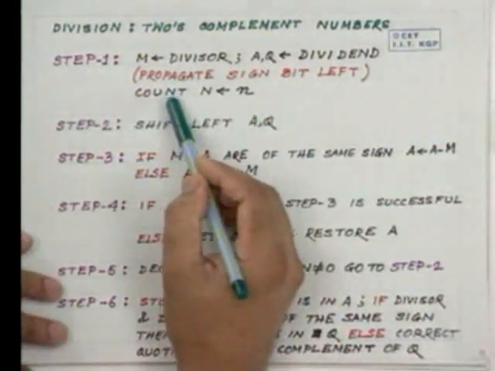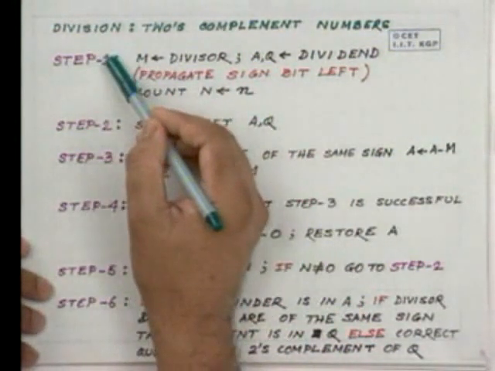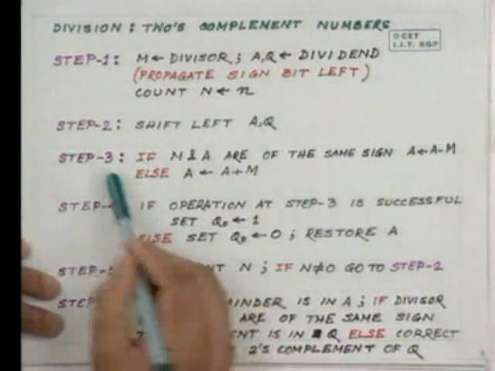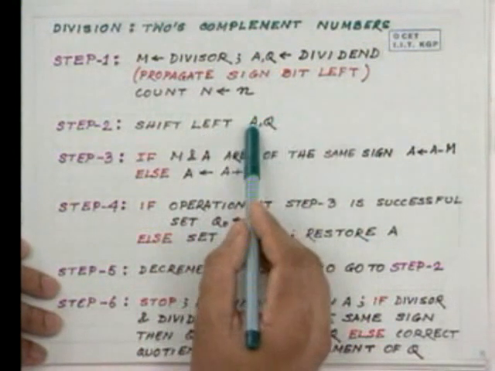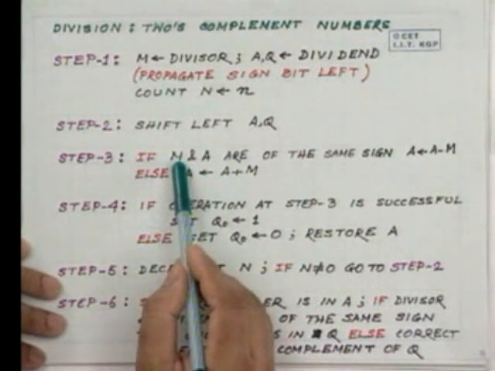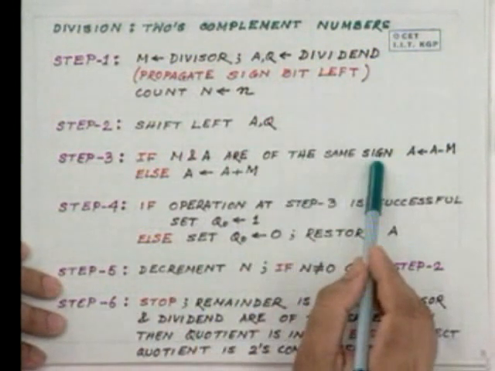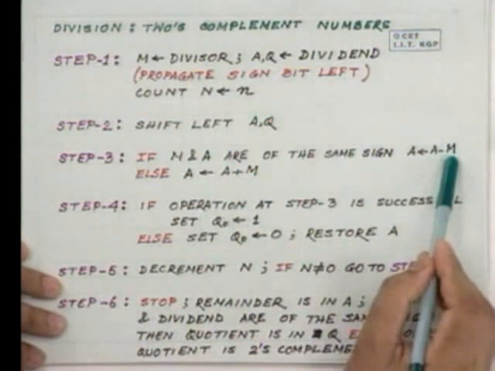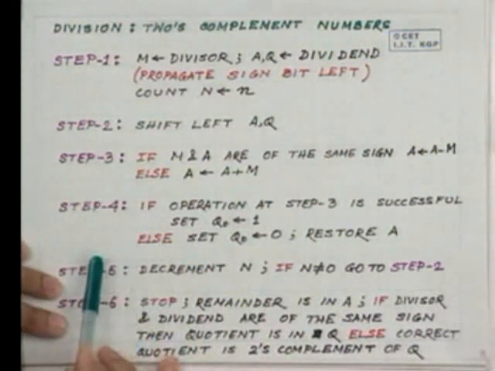Then count is set to the number of bits. We have given the algorithm stepwise. Then in step 2, we shift left A and Q together. Now, if we find that M and A are of the same sign, then we subtract. Otherwise, we add. This is our step 3.